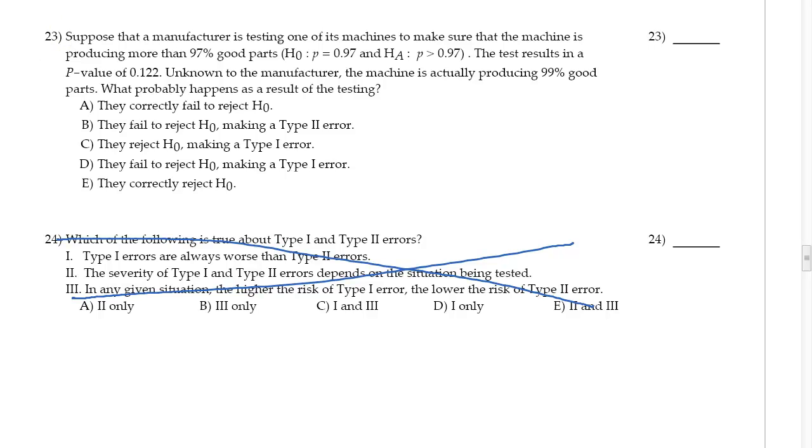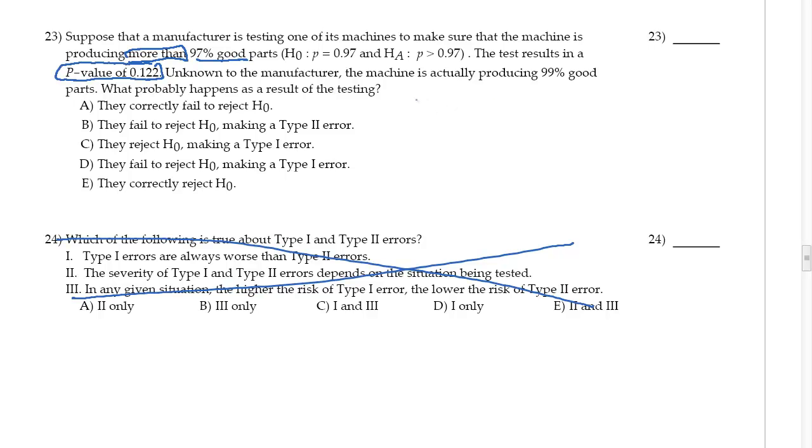Suppose that a manufacturer is testing one of his machines to make sure that the machine is producing more than 97% good parts. So they give us the hypothesis there. The test results in a p-value of 0.122. So this is really important. My p-value is 0.122. Unknown to the manufacturer, the machine is actually producing 99% good parts. What probability happens as a result of the testing?